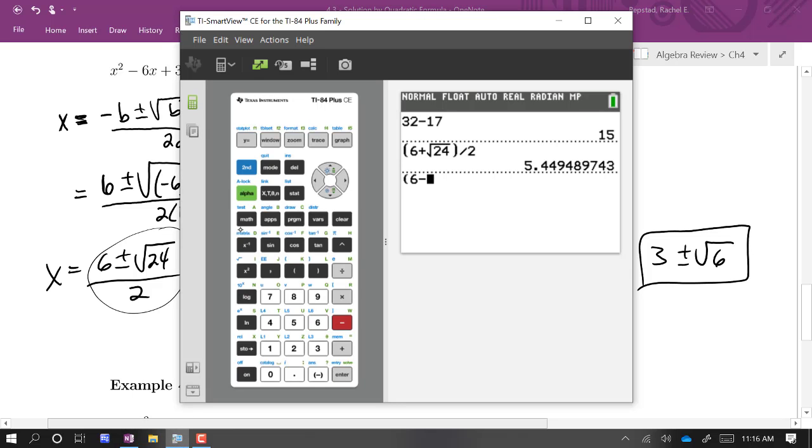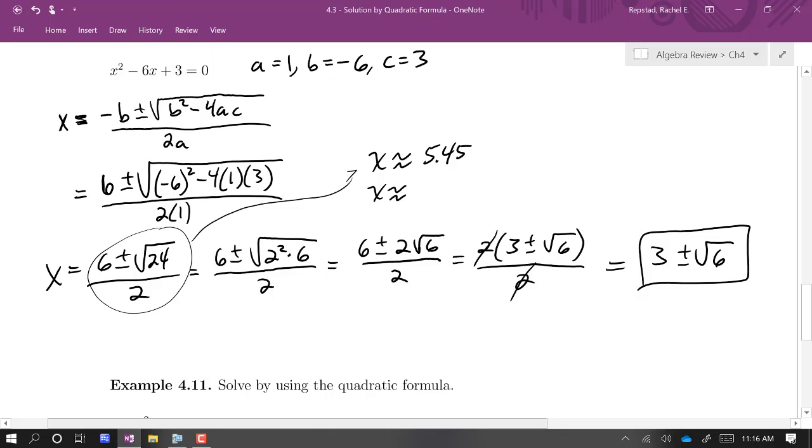And 6 minus the square root of 24 over 2 is 0.55 approximately. So if you wanted approximations, you can get that anywhere along the way. If you wanted to write it in simplest radical form, then we have a nice exact solution here.